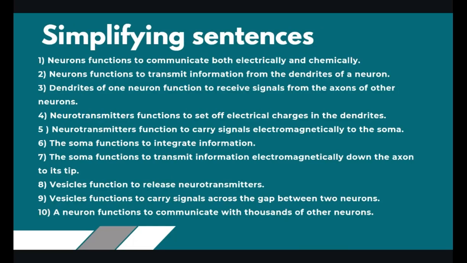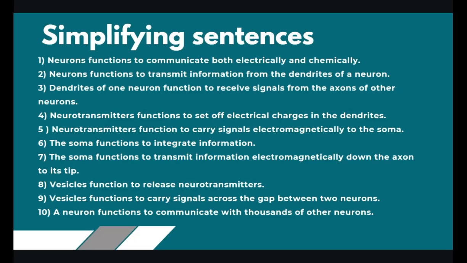Next, simplifying the sentences. The first, neurons function to communicate both electrically and chemically. Neurons function to transmit information from the dendrites of a neuron, and dendrites of one neuron function to receive signals from the axons of other neurons.